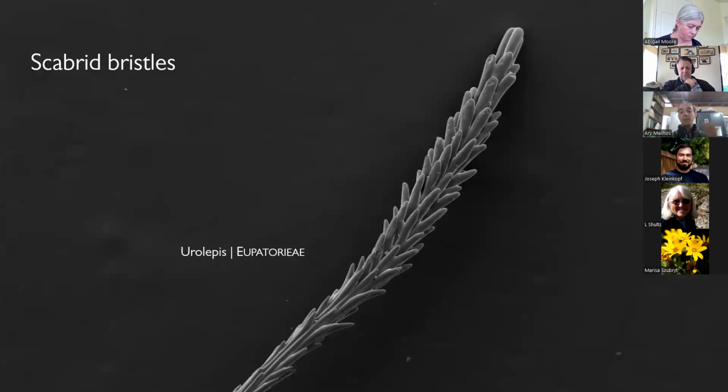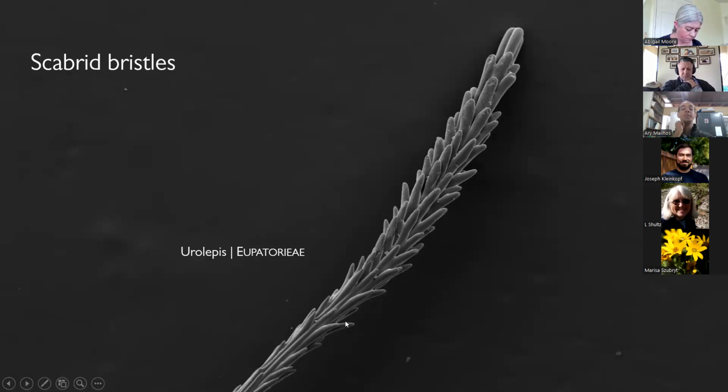In contrast, we have these, which are the scabrous bristles, which are perhaps, don't quote me on this, the most common type of Pappus across the family, right? Many species and many genera across most of the tribes show this kind of Pappus, which are composed of bristles which have projections that are at most equal to the diameter of the bristle, but not much longer than that.